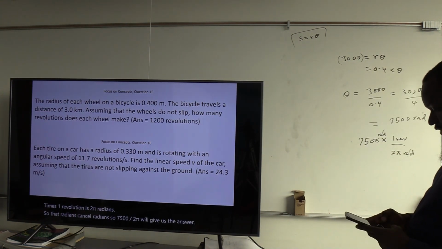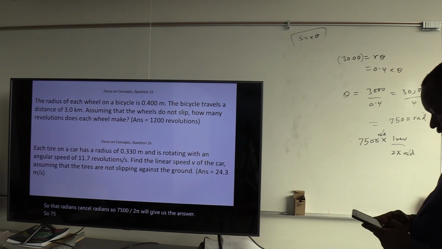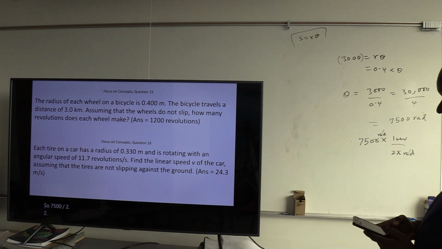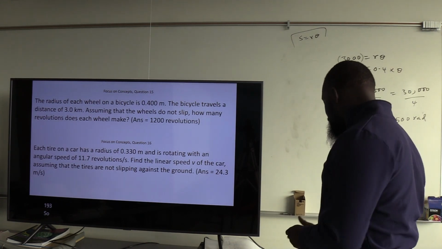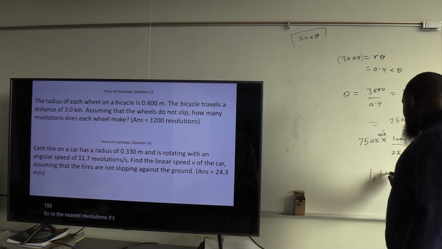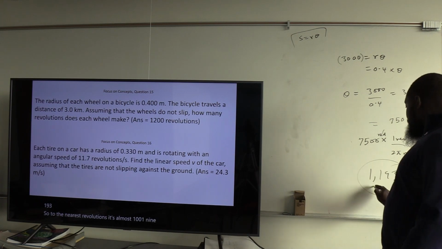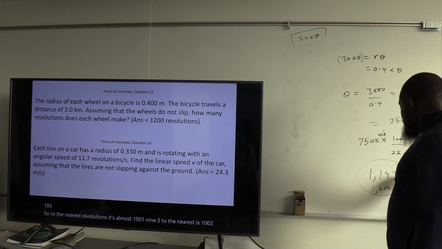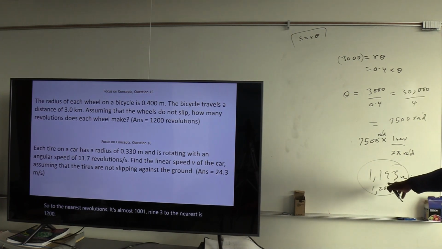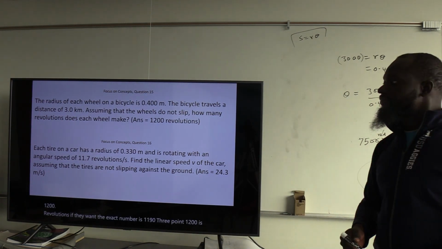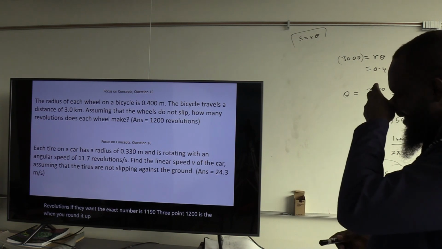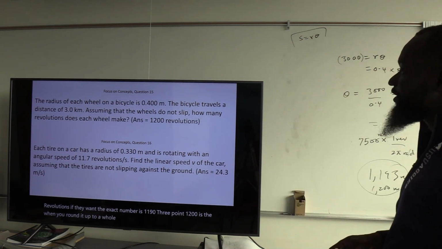So 7,500 divided by 2 divided by 3.142, that's 1,193. So to the nearest revolutions, it's almost 1,193. To the nearest 100 is 1,200 revolutions. But if they want the exact number, it's 1,193. But 1,200 is when you round it to the nearest 100.